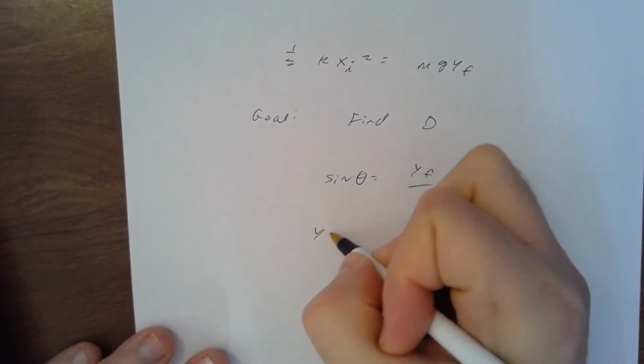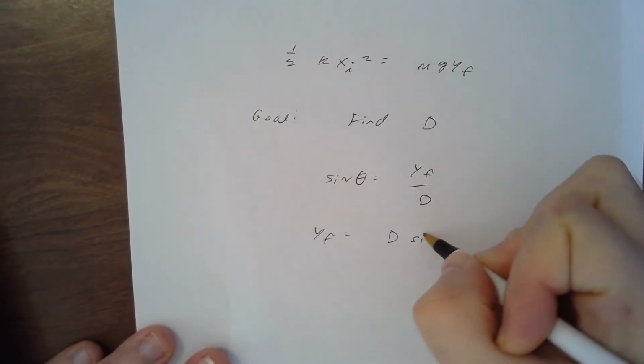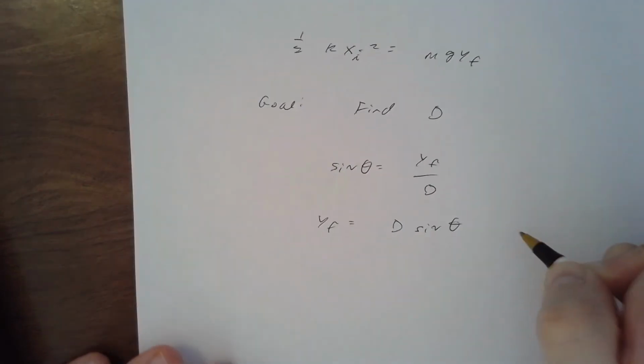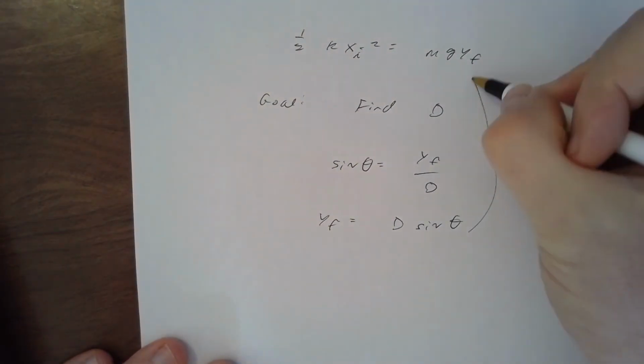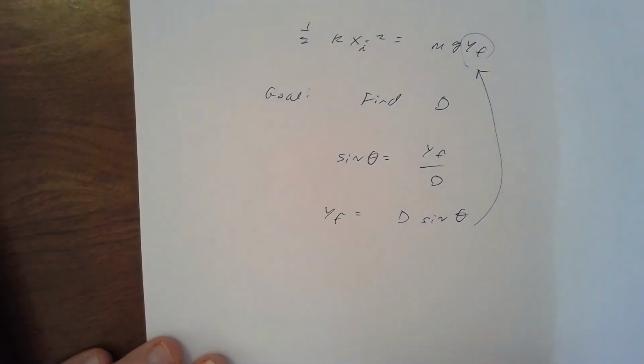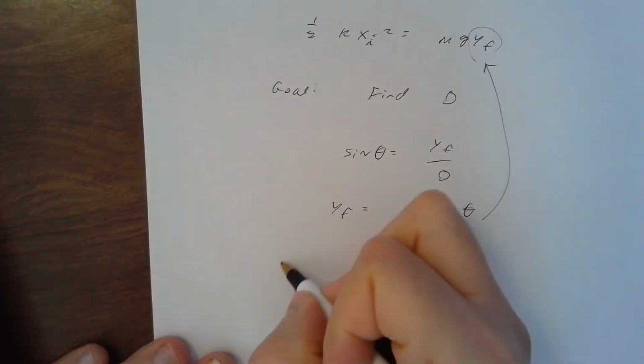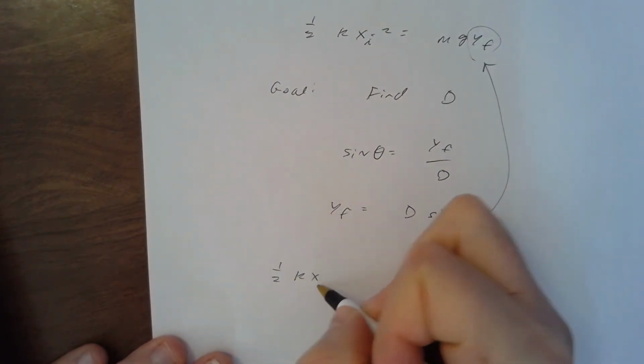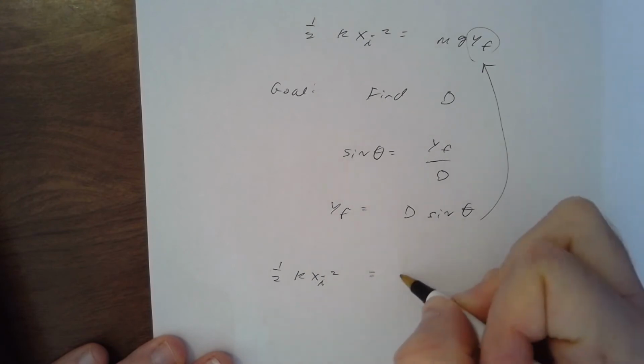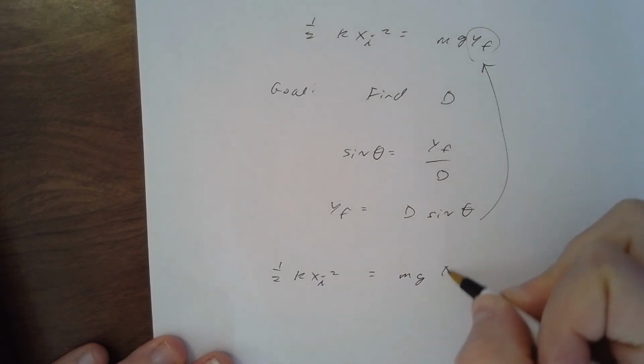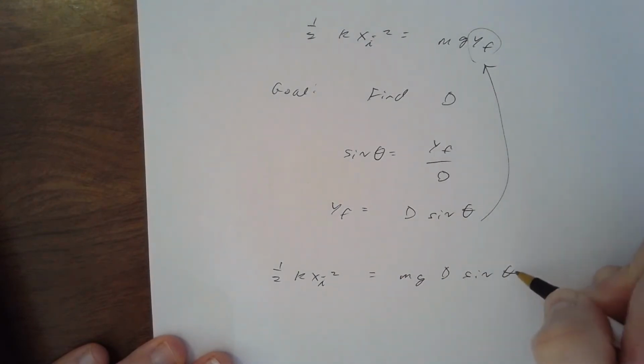Therefore, y final is d times sine theta. And I'm going to put that into my conservation of energy. So that gives me 1/2 k x initial squared equals m g times d sine theta.